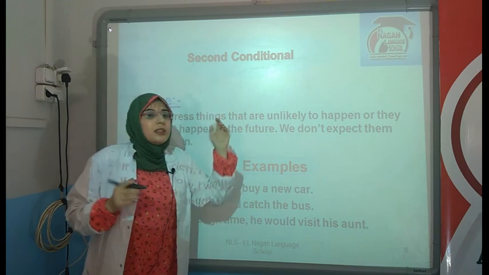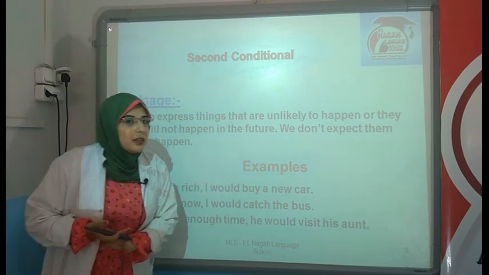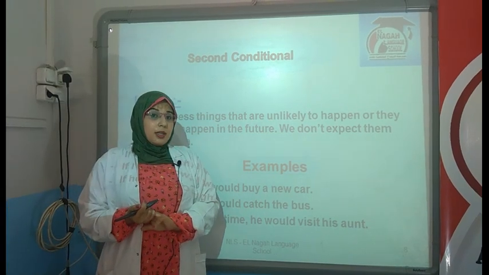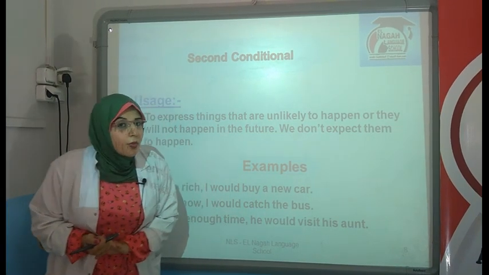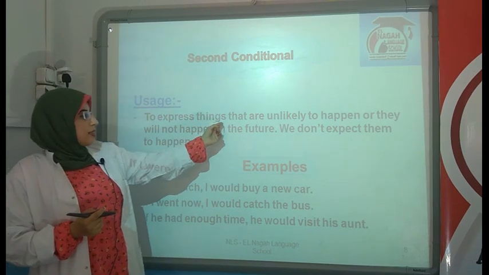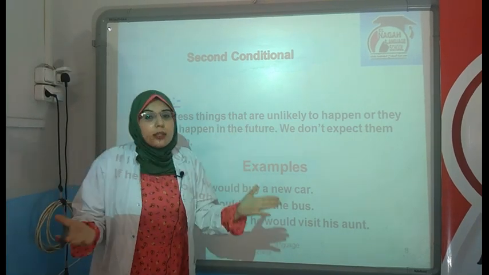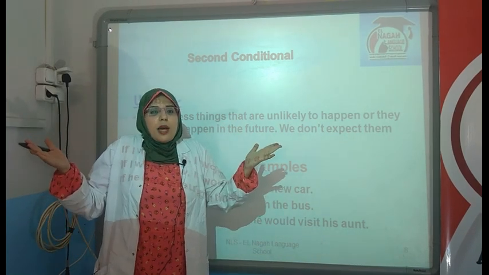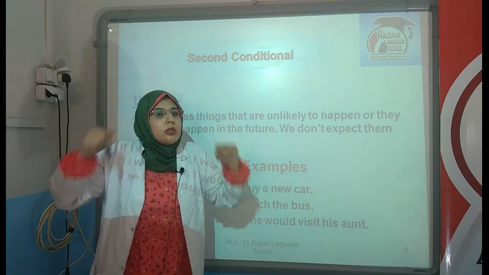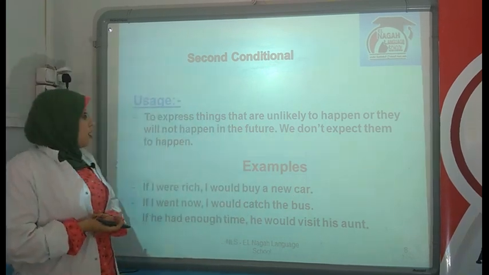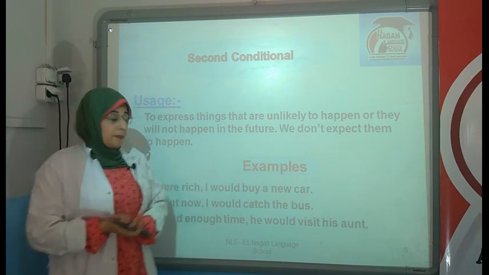The second condition. When we use the second conditional, we express things that are unlikely to happen, which means we don't expect them to happen, also in the future. Okay, examples.